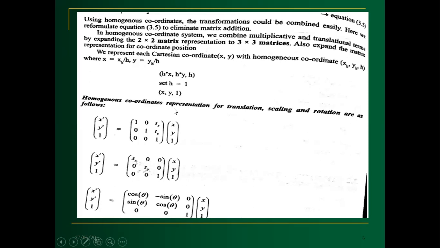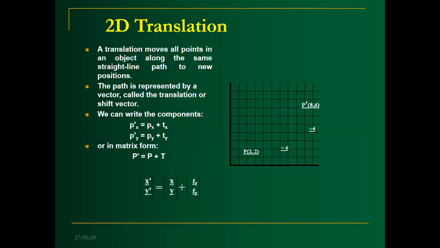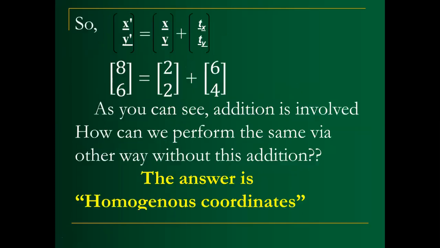To support this point, in the class we saw this example. In 2D translation, let us say there's a point at 2, 2, and we have to translate it to 8, 6 by adding 6 and 4. The point has to go all the way to 8, 6: we add 6 units in x and 4 units in y. So this is the original formula, right?